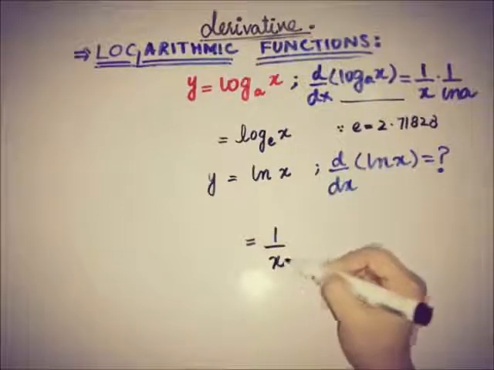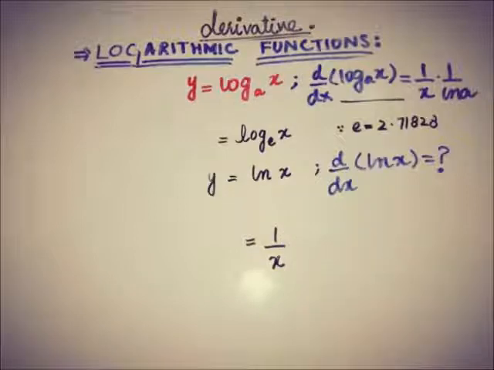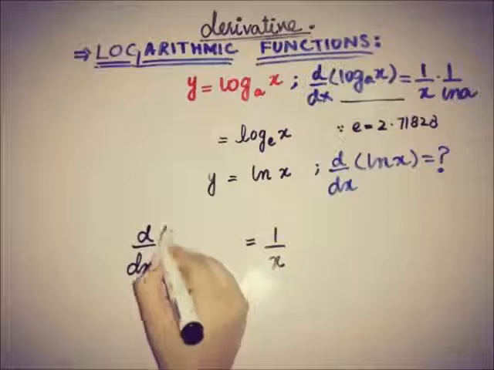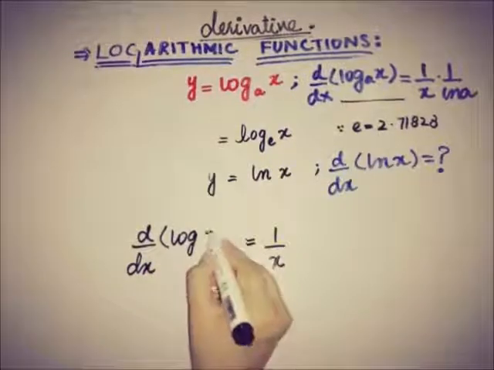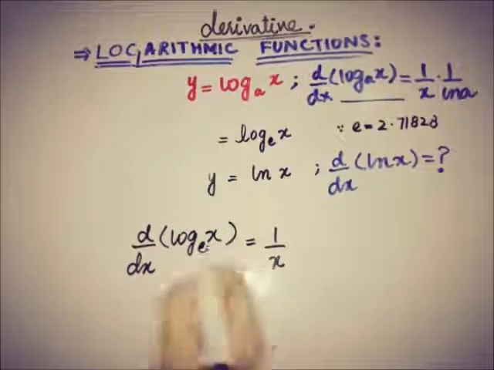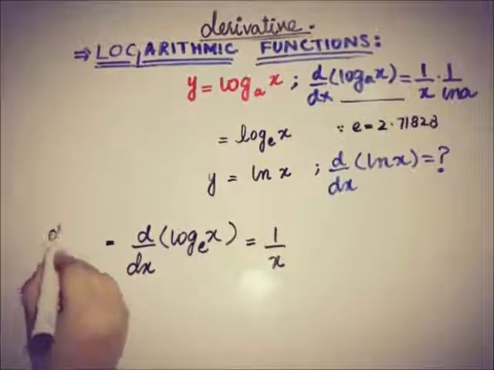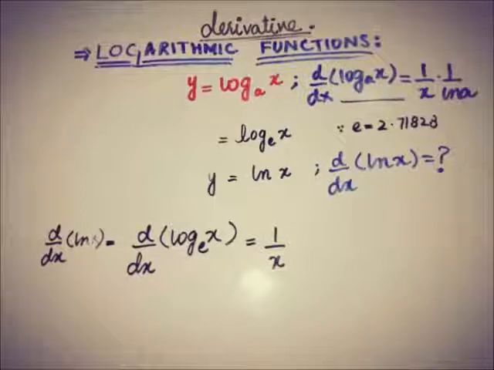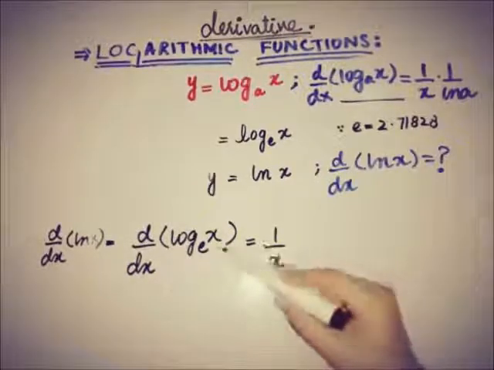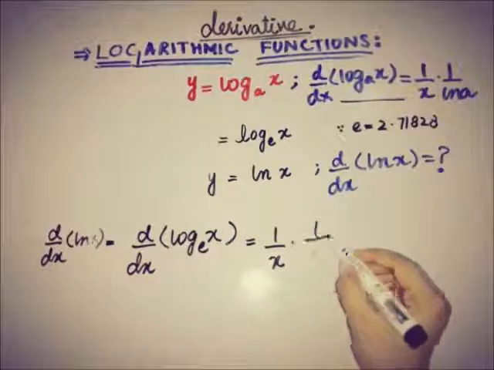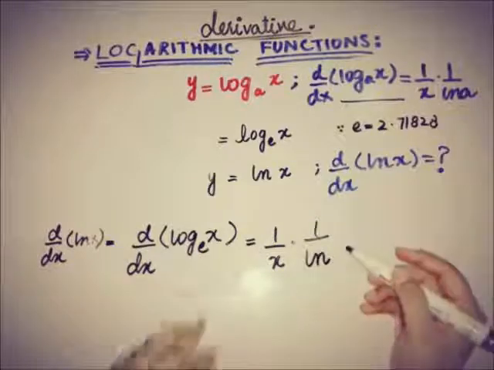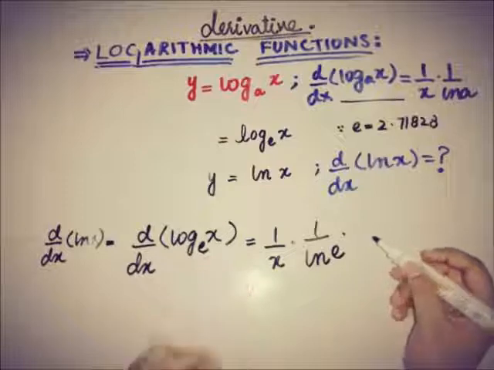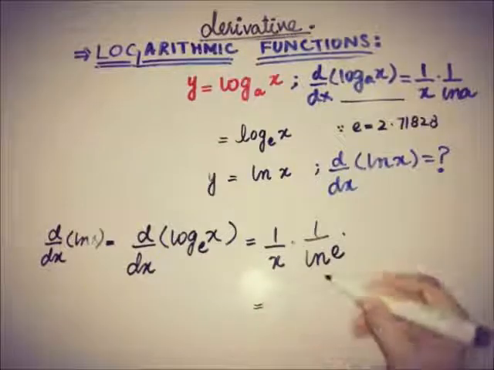So 1 by x as it is. What we are doing here is finding the rate of change of log of x with base e, that is the rate of change of natural log of x. So 1 by x into 1 by natural log of a, where the base is e here, into dx by dx, that is 1, so there is no need to write it again.